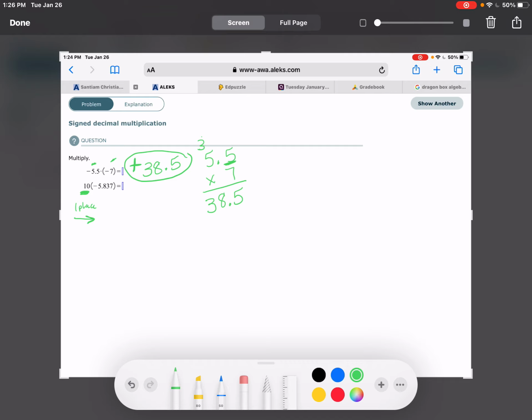If you're multiplying by 0.1 or 0.01 or 0.001, your number's going to get smaller, so you're going to move it to the left. All right, so I'm going like this. It's going to be between the 8 and the 3 there, and I have a positive times a negative. So I'm going to get a negative answer, and it's going to be 58.37. And that'll be my final answer.